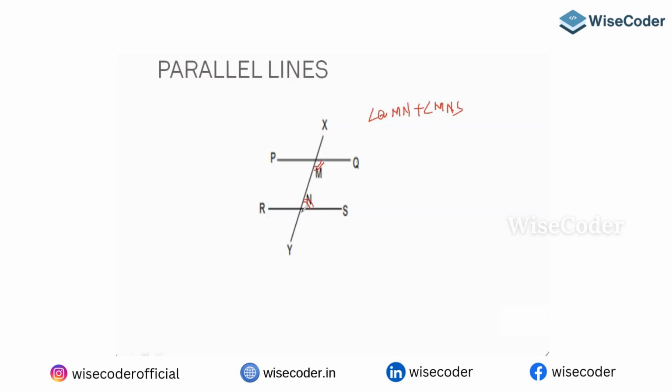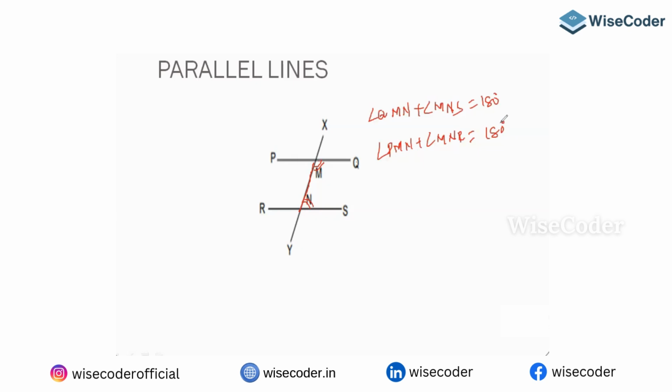Definitely the two angles are going to be 180 degrees. In the same way, angle PMN plus angle MNR is also 180 degrees. You can pause the video and verify it. The sum of interior angles on the same side of a transversal is 180 degrees.